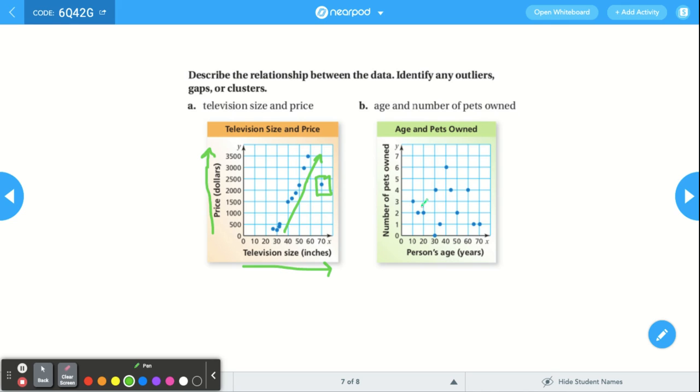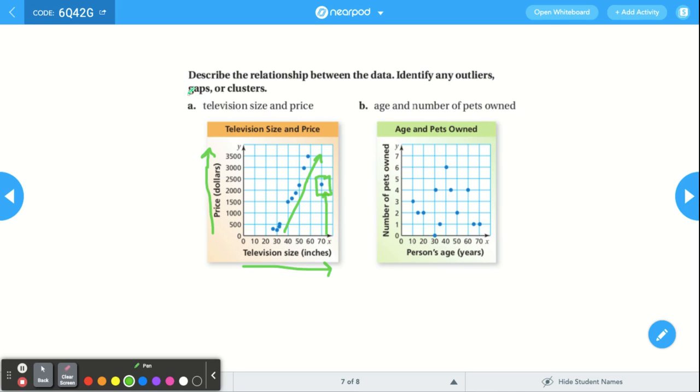It doesn't really fit the trend that I noticed in the scatter plot with all the other dots. So it looks like this 70-inch TV costs about $2,200, or maybe in the middle, $2,250. This one would be considered an outlier because it really doesn't fit with the rest of the data in the scatter plot.